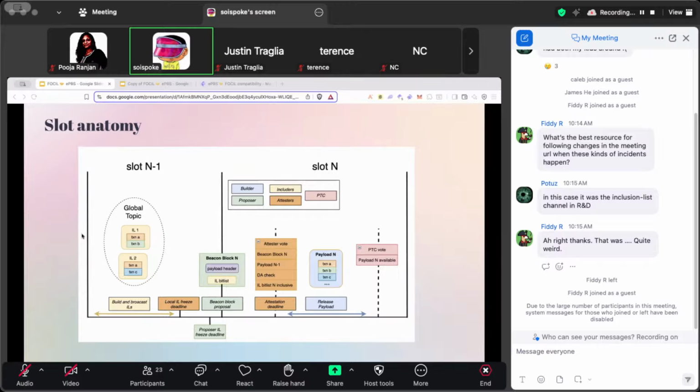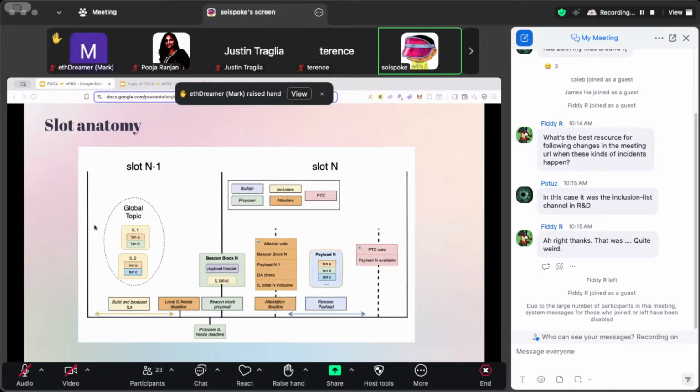And then the second part is that the next slot's attesters will actually verify if transactions are included in the payload, and if there are some missing transactions, whether they're missing because they were invalid, or because, I don't know, the builder was censoring or something.